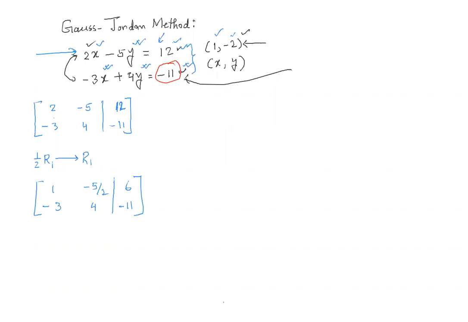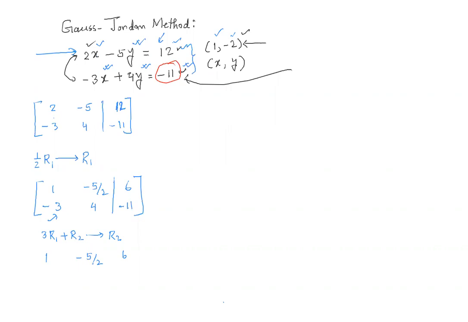So that's what it is. Now I'm going to take the top row, multiply it by 3, and add it to the second row. Okay, why am I doing it? Because I want to eliminate this -3. So it's going to give me my new row 2. So I'm just going to write the first row as it is, 1, -5/2, 6. And the second row, I'm just going to do it here in the bottom.